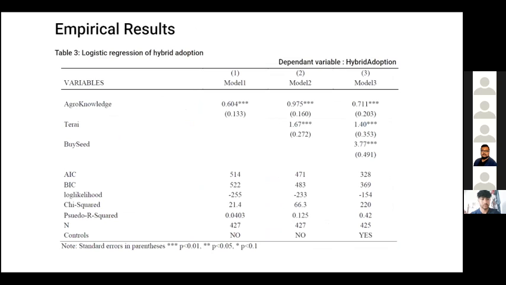So using logistic regression with hybrid adoption as the dependent variable, our results suggest that an increase in agronomic knowledge does increase the likelihood of hybrid rice adoption, which does support our primary hypothesis. Additionally, we find that being located in a Terai region increases the likelihood of adoption, and this may be because hybrids are more resilient and Terai regions are often rain-fed and stress-prone.